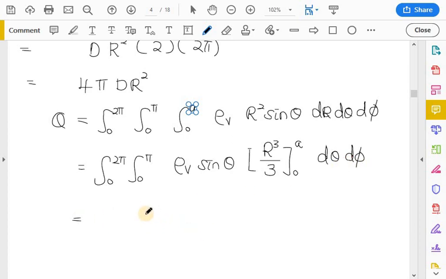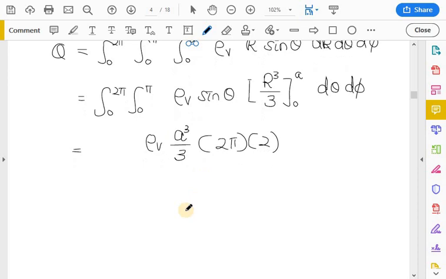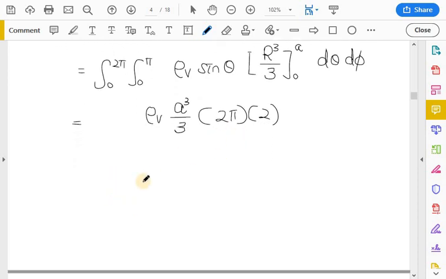So here will be rho v, A cubed over 3, then you have 2 pi, and you have 2. Okay, check whether you can get this one. Now you put the right hand side and left hand side together. Just now I have D r squared 4 pi on the left hand side.